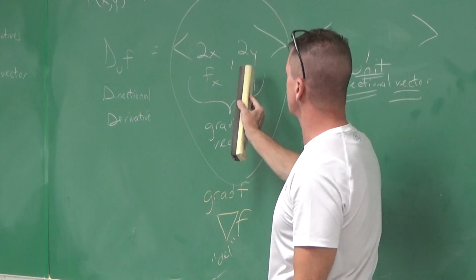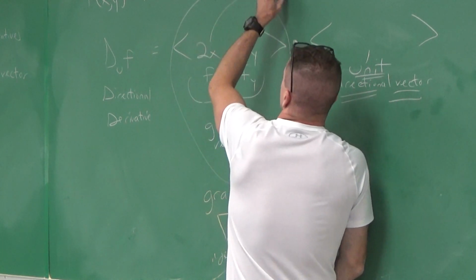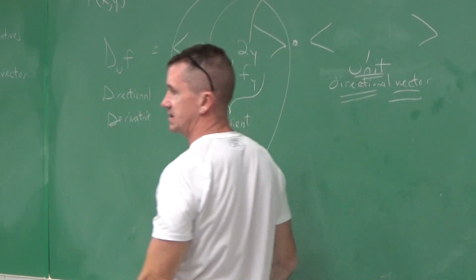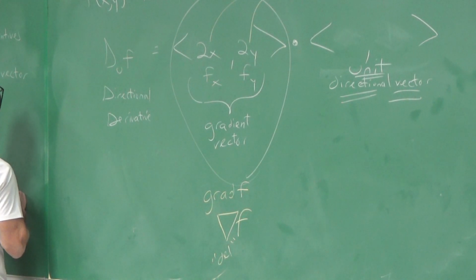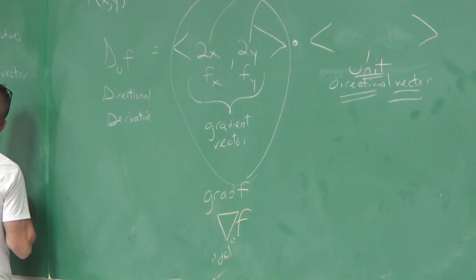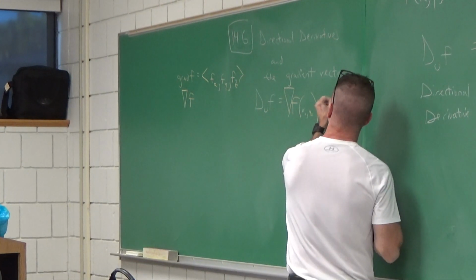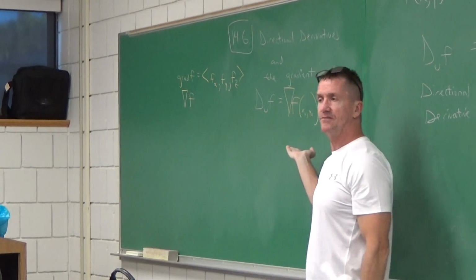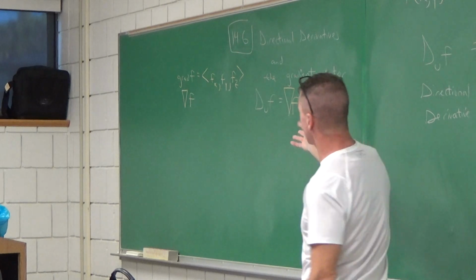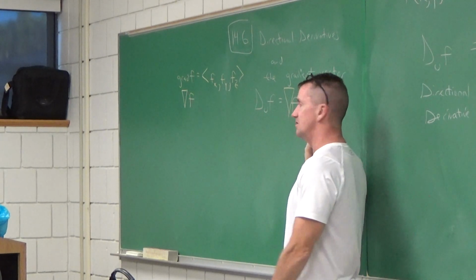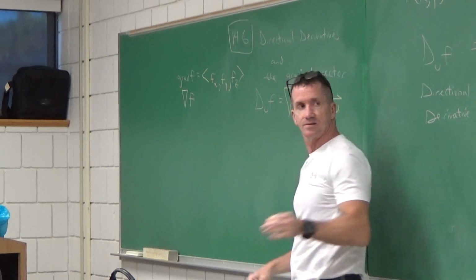So there's fx, there's fy. What do we plug into the x and the y? So it's really substituted that value. So it's del f evaluated at the point x naught, y naught, dot unit vector. There's your math formula. It's del f dot u. Looks like a curse word, right? I know, but that's an easy way to remember it. This is the gradient vector dot the unit vector.